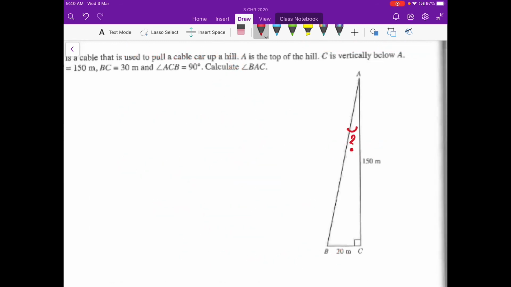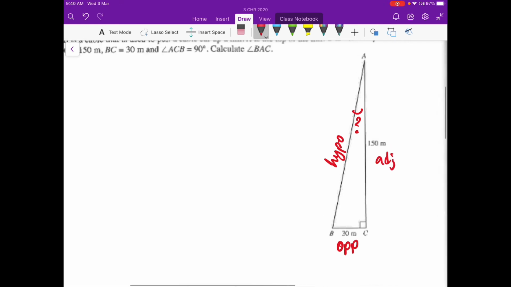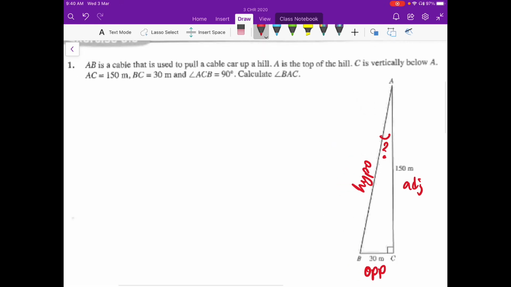Longer side is the hypotenuse. The side that is opposite to the angle, we call it opposite. And the remaining is our adjacent. Okay? So can you help us with this question? Which trigo ratio do we use? Okay, stand up. Tangent. Okay, tangent. Which angle? Okay, BAC. What is that equal to? So opposite.